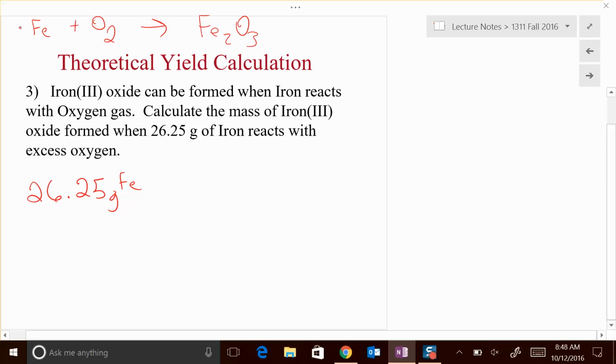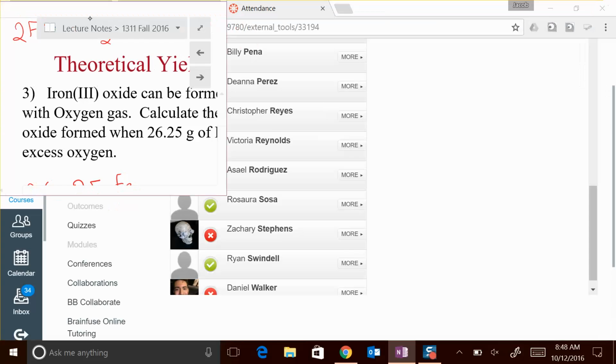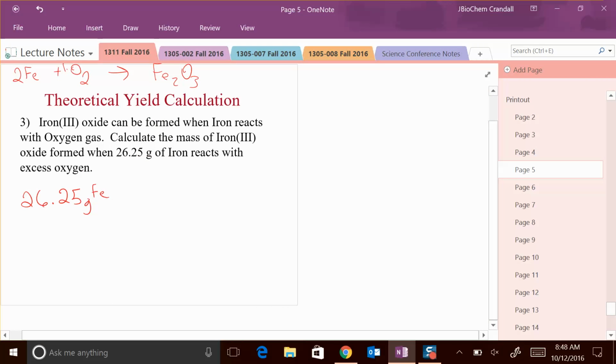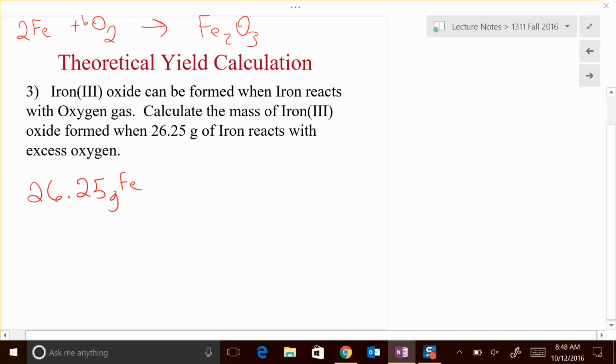If I balance my irons, I need 1.5 oxygens. To get a balanced chemical equation, I multiply everything by 2. This becomes 4, 3, and 2. That's my balanced chemical equation.